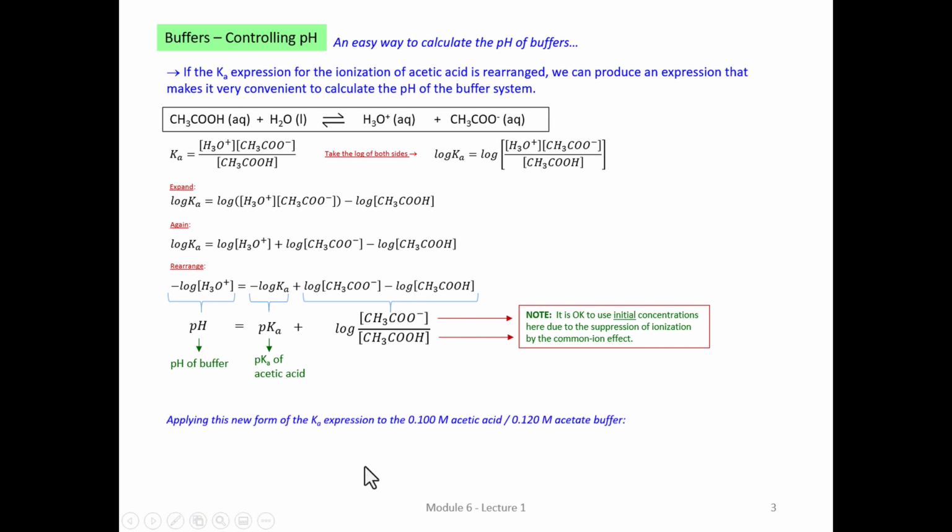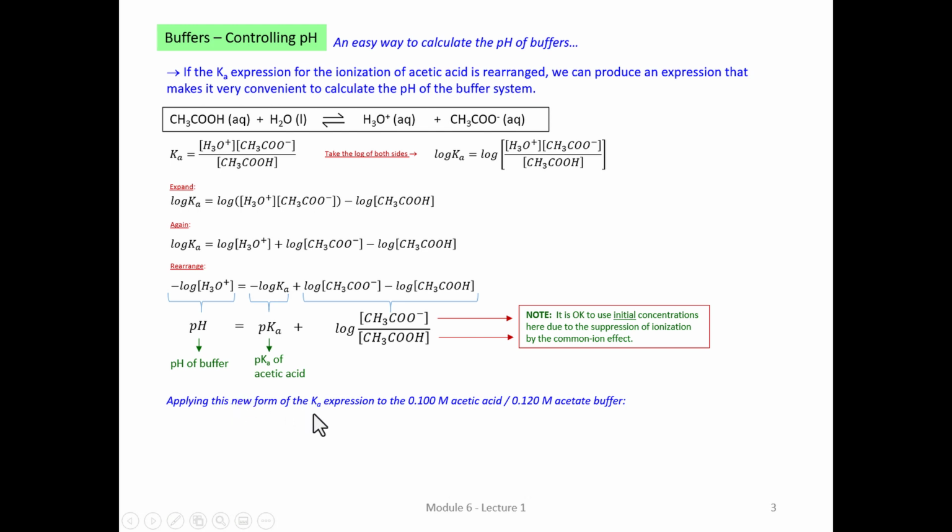Now, applying this new form of the Ka expression to our 0.1 molar acetic acid, 0.12 molar acetate buffer, we'd have pH of our buffer equals minus the log of the Ka of acetic acid, because that's what pKa is, plus the log of the acetate ion concentration divided by the acetic acid concentration.